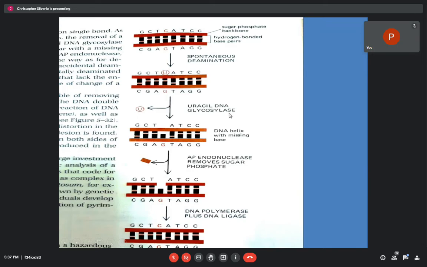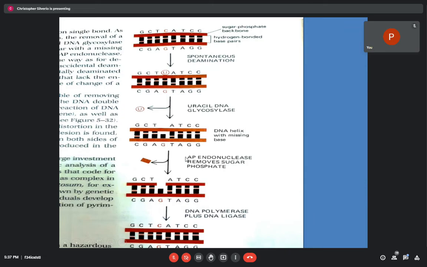uracil will be removed by the uracil DNA glycosylase. Okay? It will be removed. So now there is a missing base. What will happen? This sugar and the phosphate group have to be removed also.